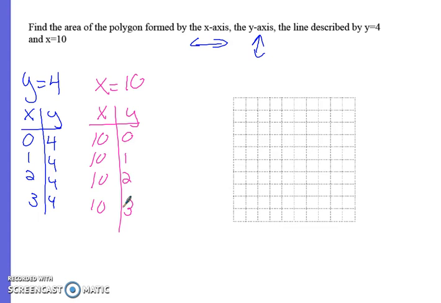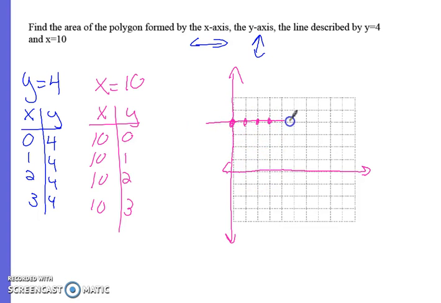So I know that y has to go up to 4 and x has to go all the way over to 10. So I'm going to make my x-axis here, because that'll give me 4. I'm going to make my y-axis all the way down here. So we have our x-axis and our y-axis. Y equals 4. We have 0, 4; 1, 4; 2, 4; 3, 4.